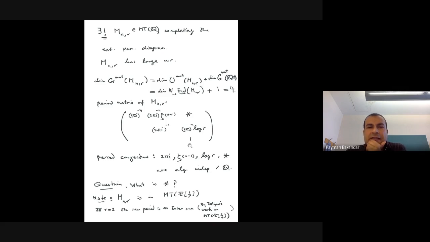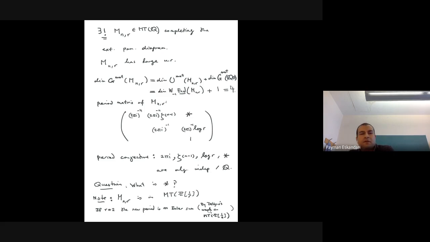Now, in the case where your logarithm here, log R that you take, is log 2 or log 3 or a power of those, there's this work of Deligne that shows that the category of mixed Tate motives over Z with ramification at 2 or 3 is generated by the fundamental group of P1 minus 0, infinity and mu2 or mu3.